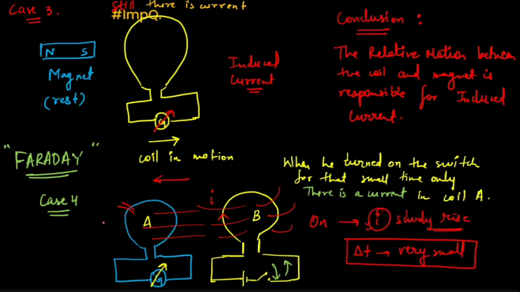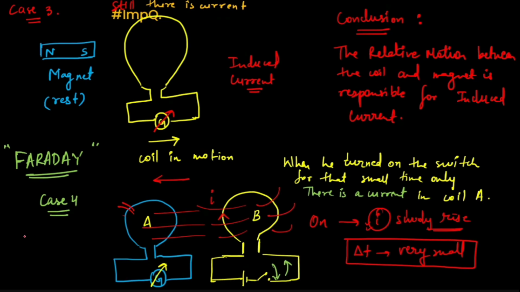Again, listen to the words carefully. The number of field lines which are being generated by coil B will pass through coil A, and during that change, or you can say during that rise or fall of magnetic field lines passing through coil A, what is it going to do?